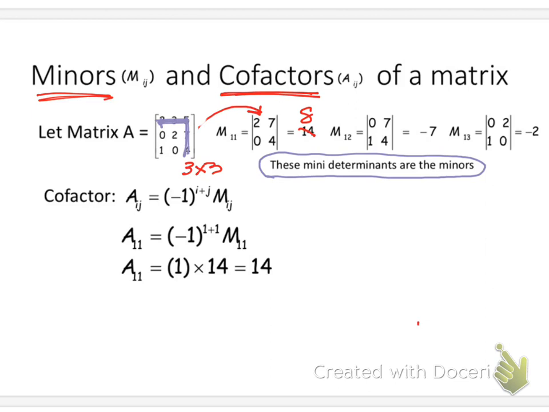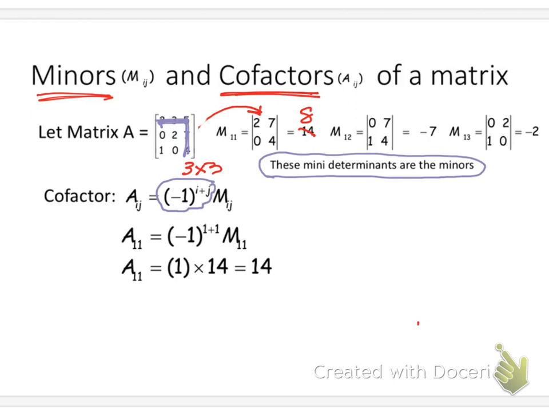Okay, so next thing. What if I want to figure out a cofactor? So a cofactor is a multiplier times the minor. So remember, the minor is a determinant.